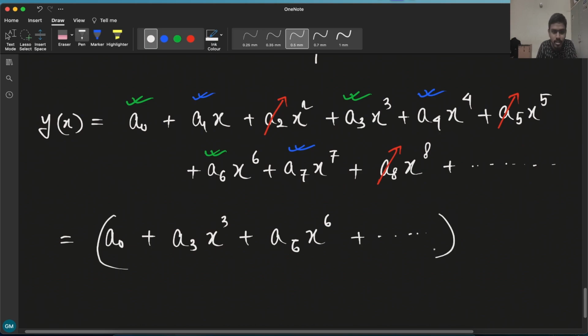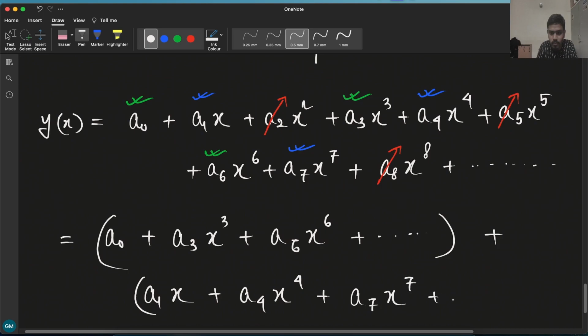This will be one series, and the other one will start from a1 x plus a4 x to the power 4 plus a7 x to the power 7 plus dot dot dot.